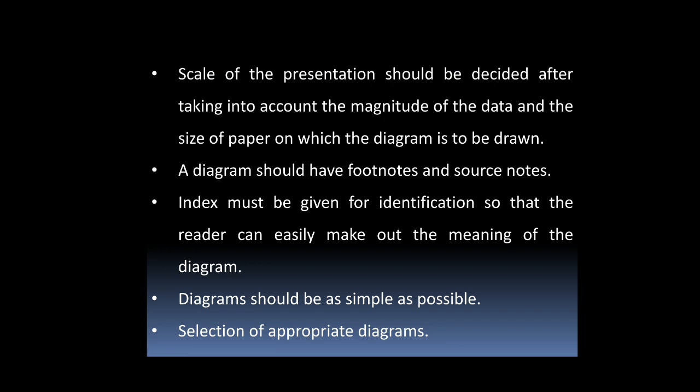If the data are voluminous, that is too lengthy or too much, two or more diagrams should be prepared, each depicting some identified characteristic. This will do away with the confusion that is created if the entire data with all the characteristics are shown in just one complex diagram.